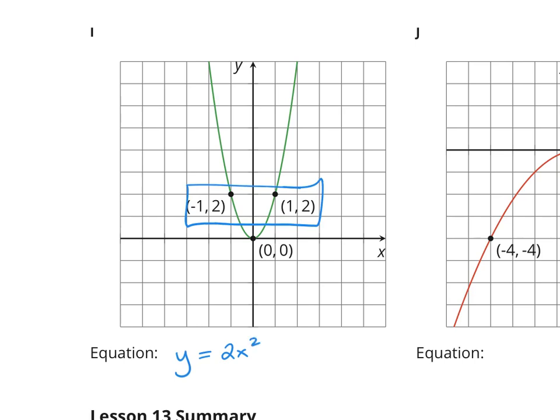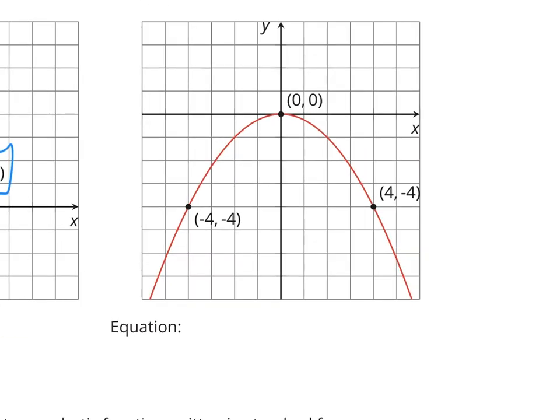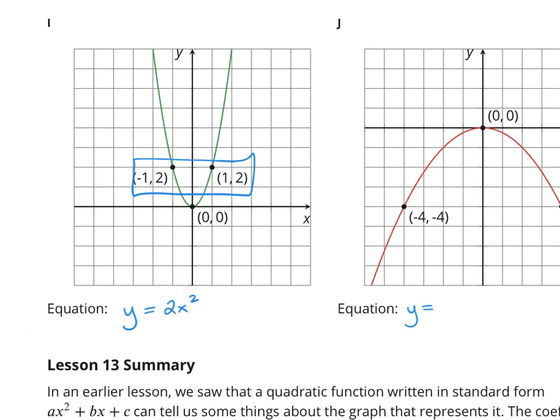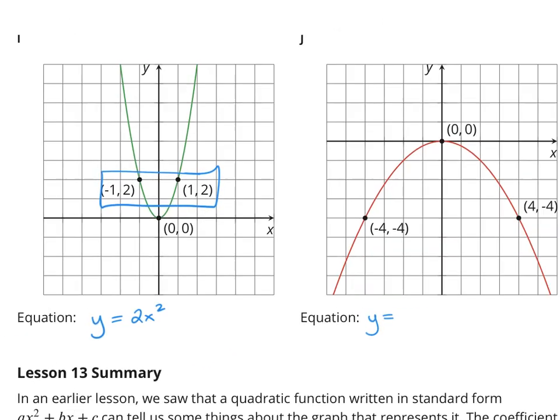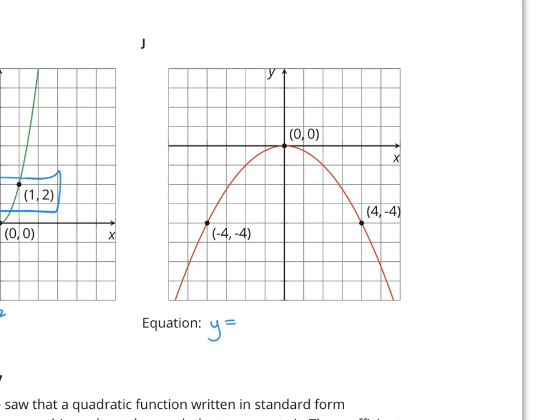Okay, for my last equation, I noticed that the graph is upside down, so I know that it's definitely going to be a negative squared value. I also noticed that it has spread apart some, so it's kind of the opposite of what we were doing with this graph where it was stretched out and getting closer together. Now we're falling apart and it's getting wider. So when that happens, that means I am multiplying by a number between 0 and negative 1 in this case.